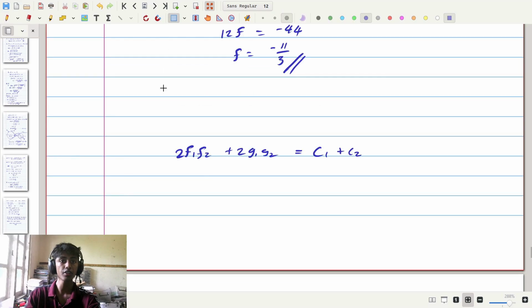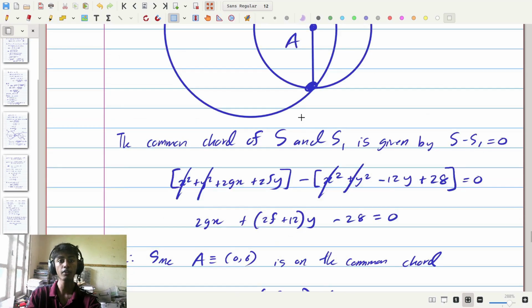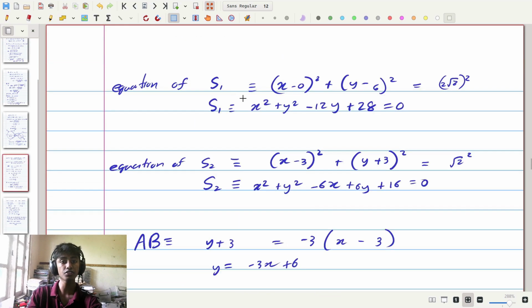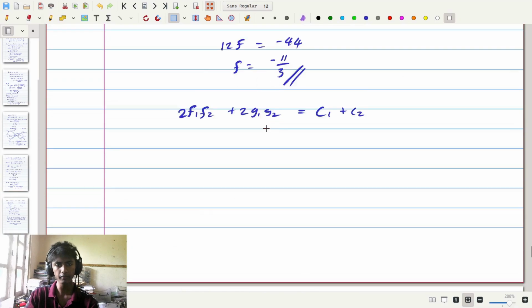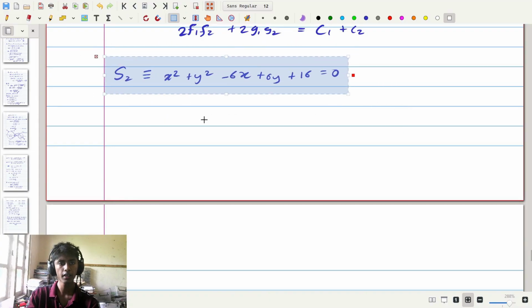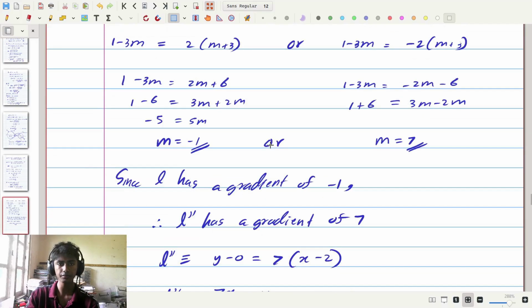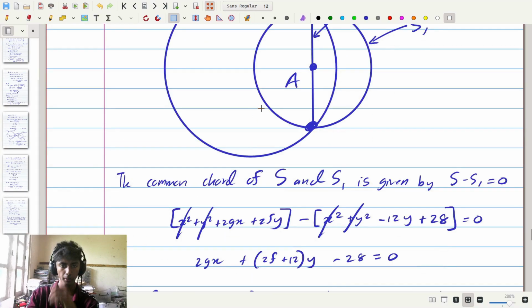Now considering this, we have two circles: the circle S, where we already know the value of f, which is equal to negative 11/3, and the other circle, circle S2, which is given by this equation. I'll copy this down just for clarity, and I'll also copy down the other circle S, which is given by this equation.